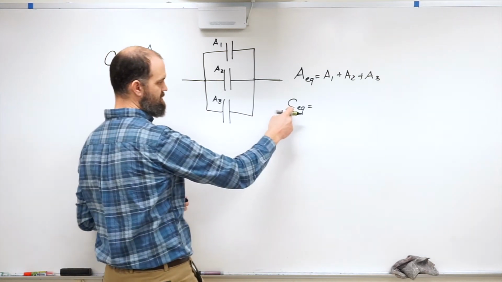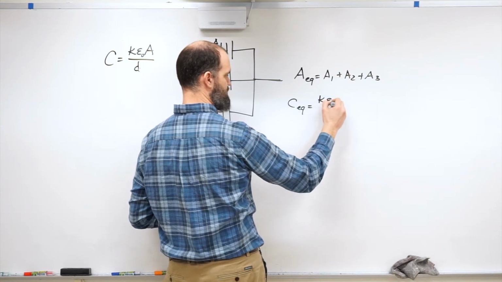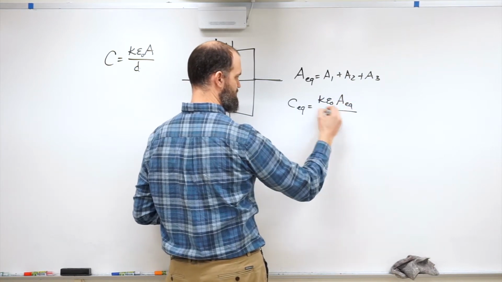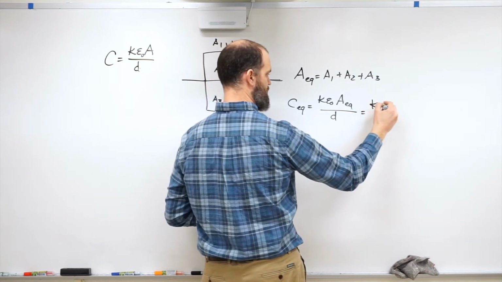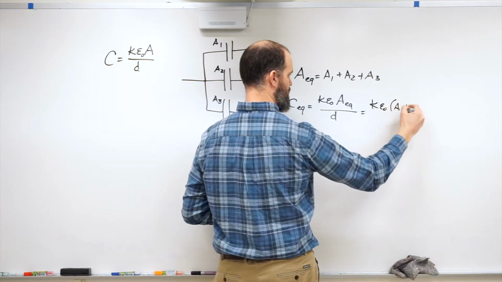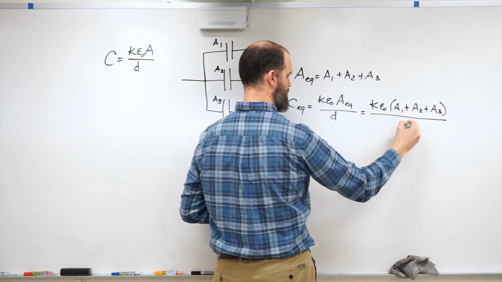So if I do that, then the equivalent capacitance would be kappa epsilon naught times the equivalent area divided by distance. But this is simply kappa epsilon naught times A1 plus A2 plus A3, all over distance.